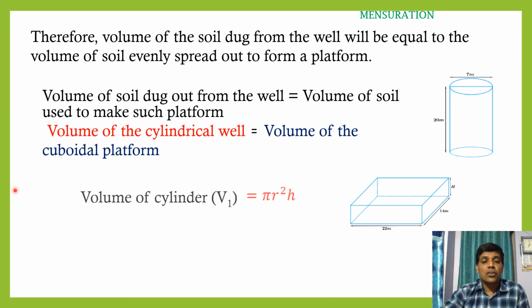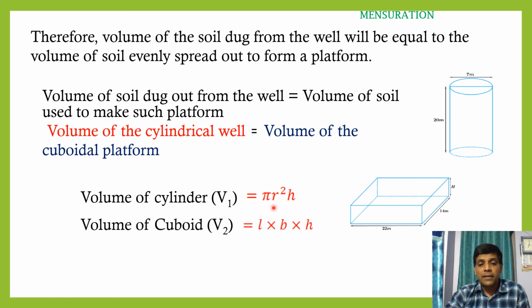Coming to the solution part: the volume of the cylinder V1 equals pi r square h, and the volume of the cuboid V2 equals length into breadth into height.